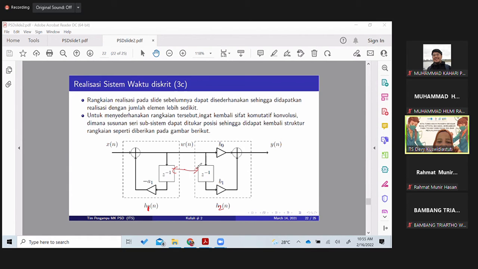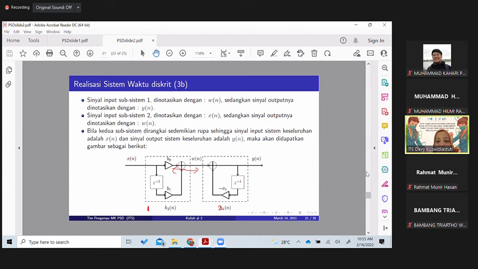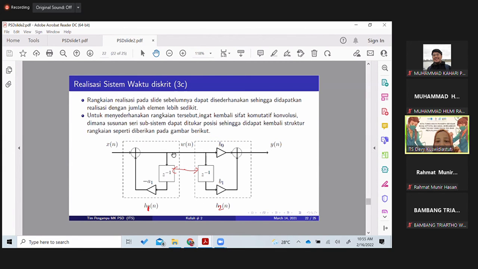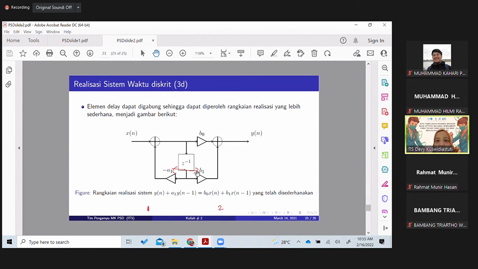We used to have two shift registers for input and output, and here we could use only one by merging them, so we save one shift register compared to the previous slide. We could simplify this into this.